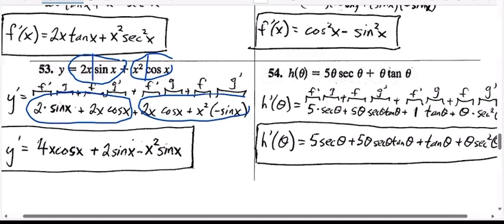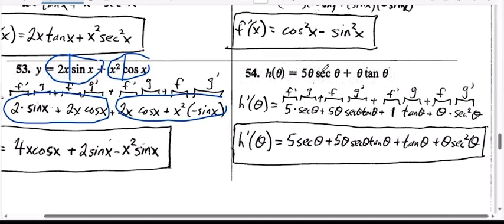Now I'm going to come to this guy. You're actually going to cut that into two. Don't forget f and g. You remember f and g, because we've got two functions multiplying.